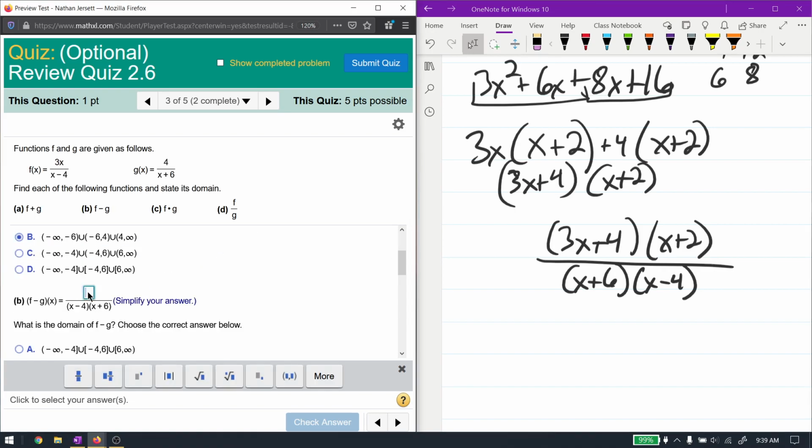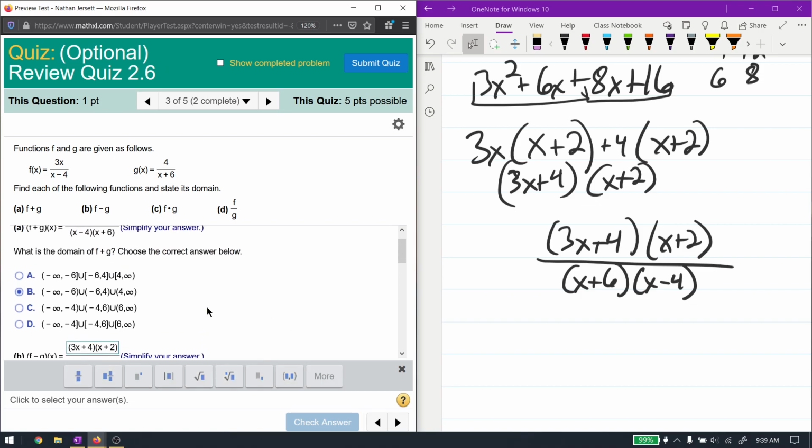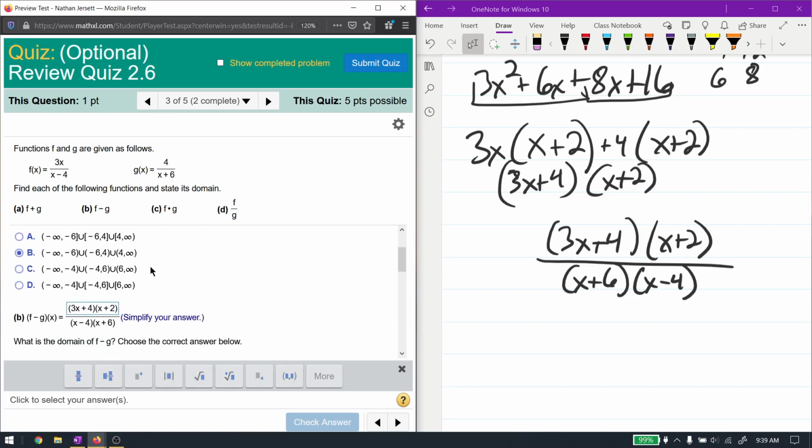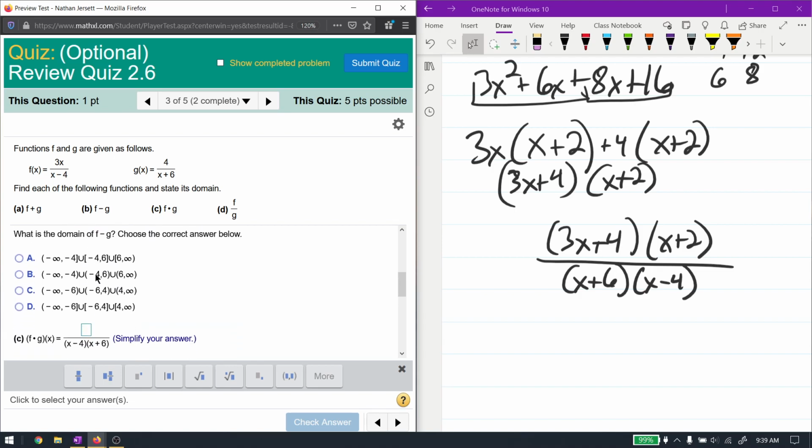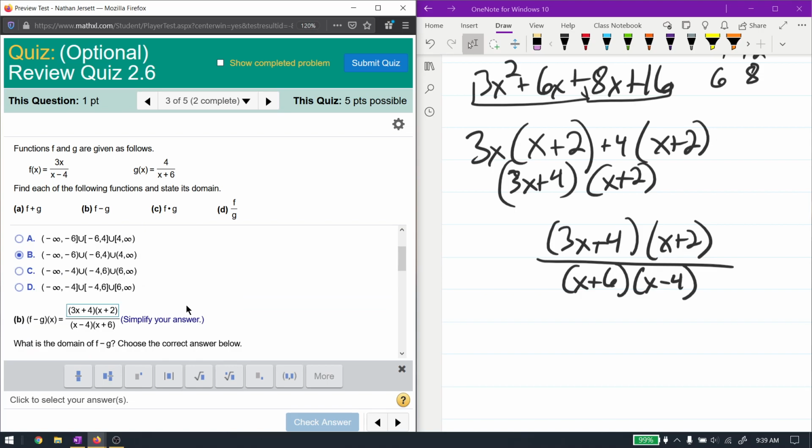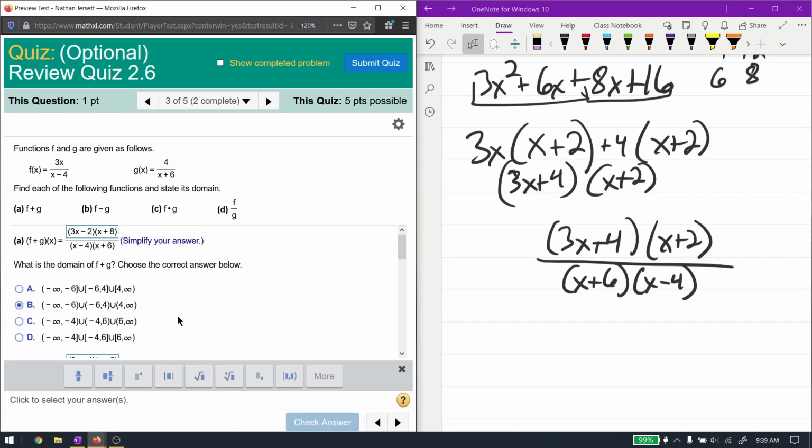Now, you'll notice that once again, nothing was canceled. So that means the domain is going to be the exact same as the previous problem, because nothing was reduced from these things. So the domain is remove negative 6 and remove positive 4, right? Negative 6 and positive 4, yeah.